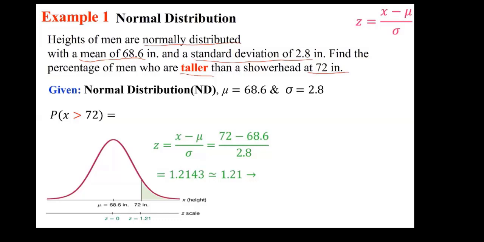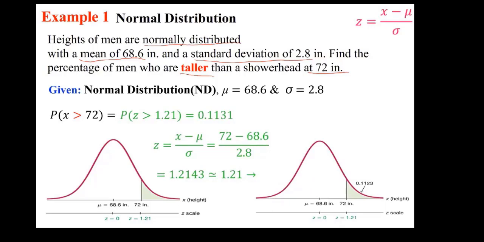So this is what I mean by graphing. If I'm graphing, I'd rather graph with the z-score. So instead of using mu equals 68.6, I would use z equals 0, and then instead of 72, I would use z equals 1.21, and I look it up from the table. Take a look at this one again. You can come up with the area.